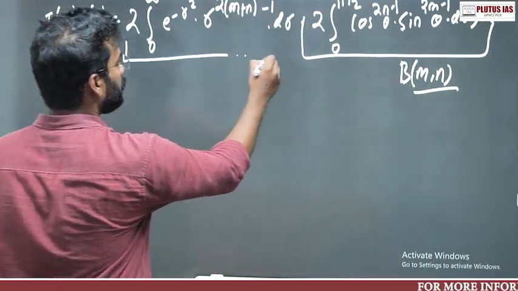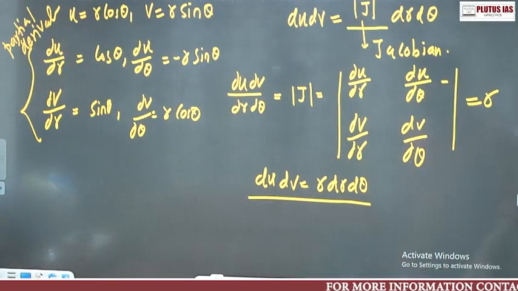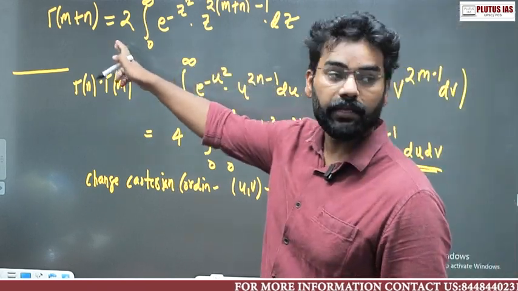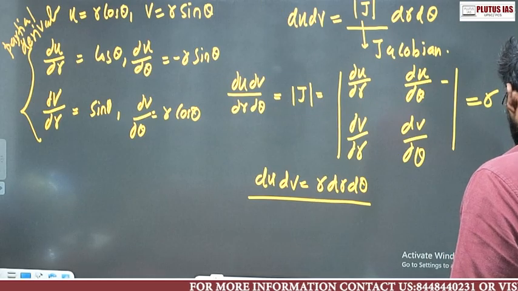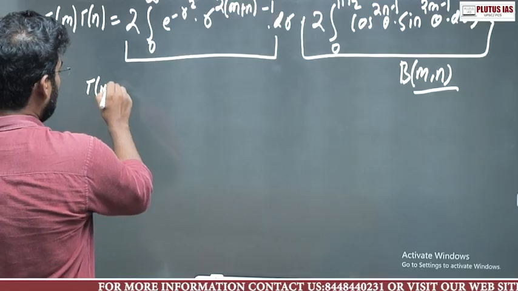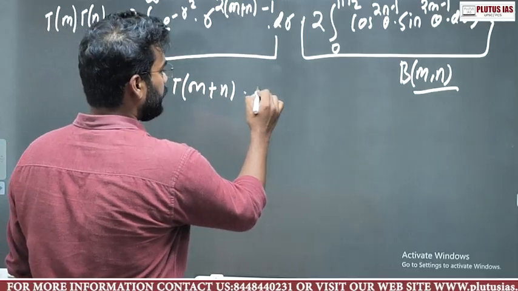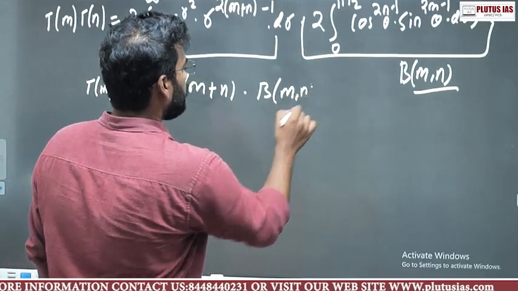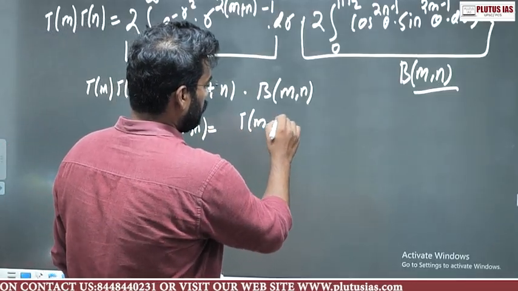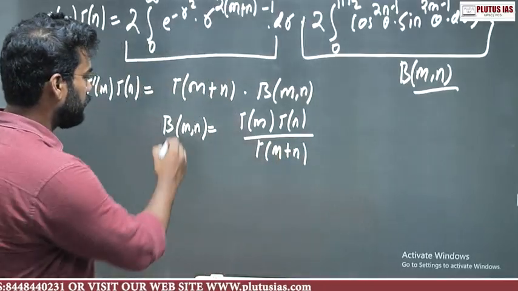And this is gamma m plus n. So gamma m gamma n is gamma m plus n into beta m n. So beta m n will become gamma m gamma n over gamma m plus n.